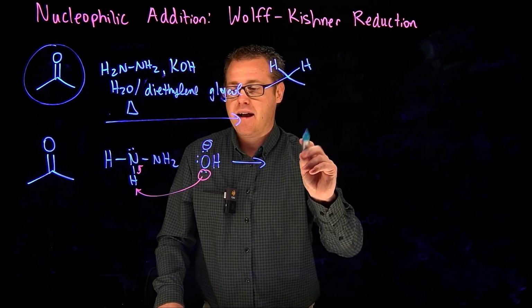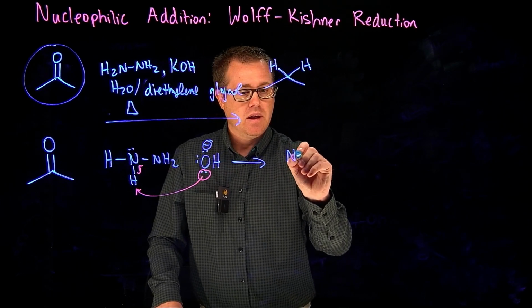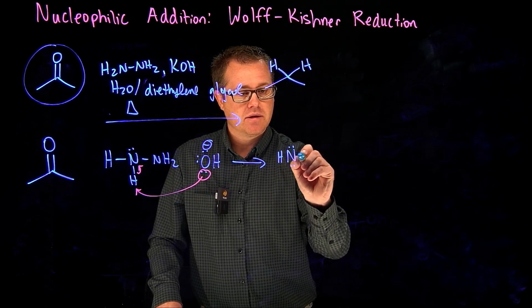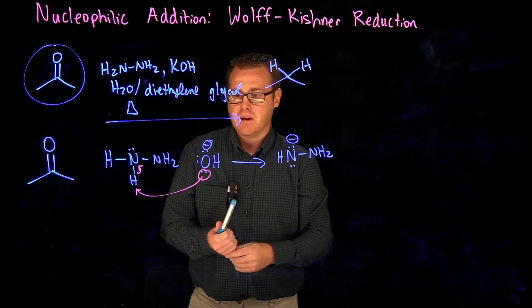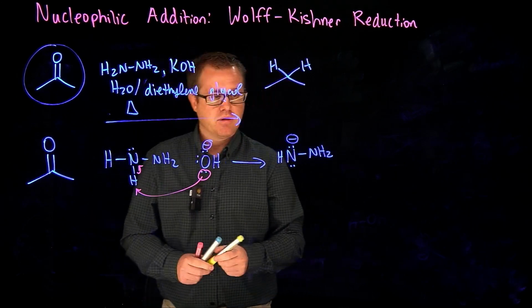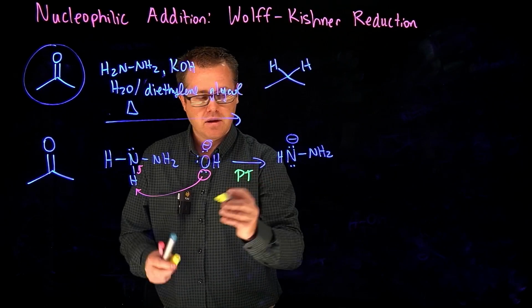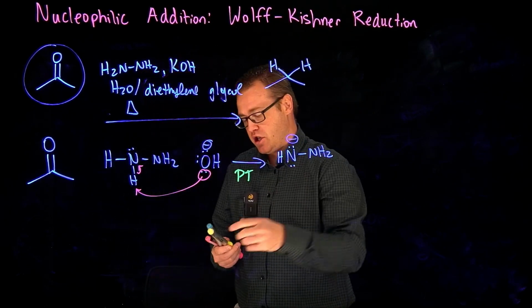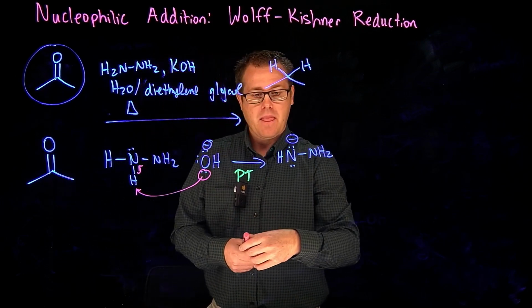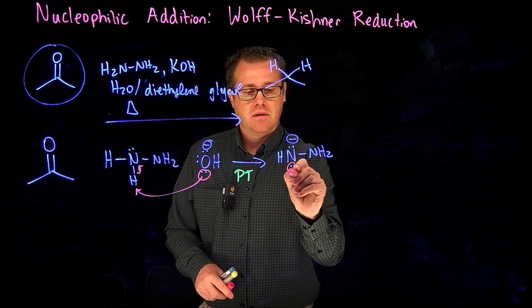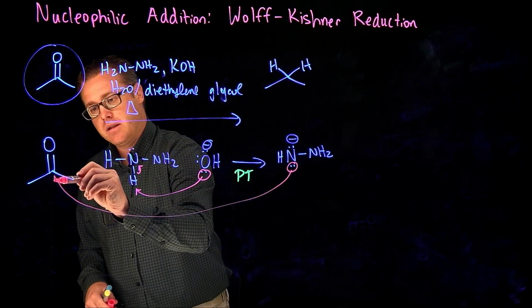Okay, so we would have NH like so. That would be negatively charged. So that's just another proton transfer. And now we can use this negatively charged species right here to attack the carbonyl. So we could come in and go like this.